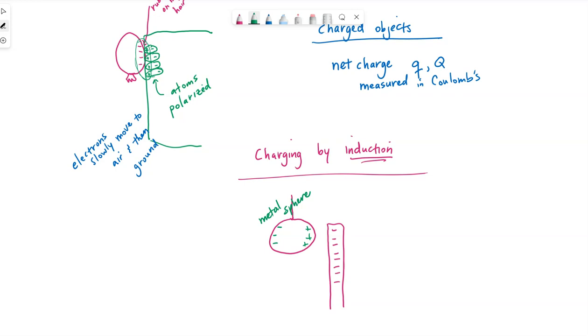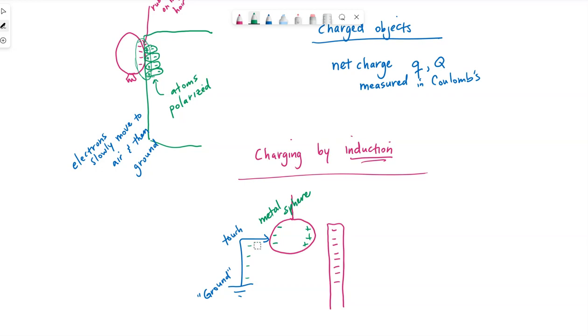While I have this metal sphere, if I touch this side and ground it, and the symbol right here is the symbol we use to represent ground, by me touching it, I'm providing a path for electrons to move through my finger, down my arm, down my feet to the ground.